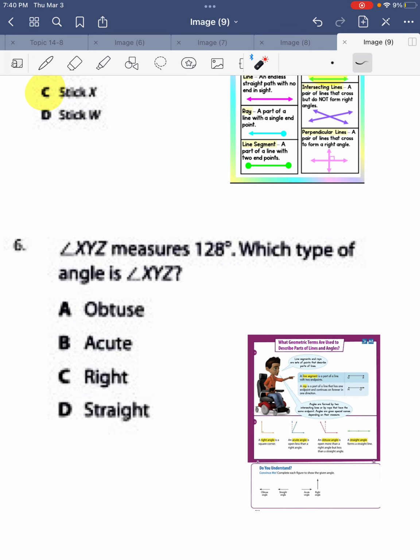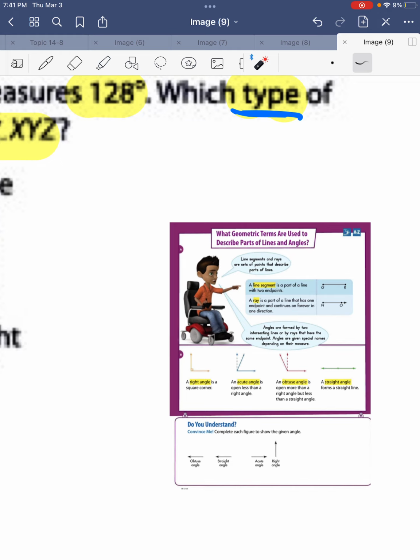Number 6, it says angle XYZ measures 128 degrees. Which type of angle is angle XYZ? So I'm looking for a certain type of angle, okay? So I either have obtuse, acute, right, or straight, okay? So I have my angles right here, okay?